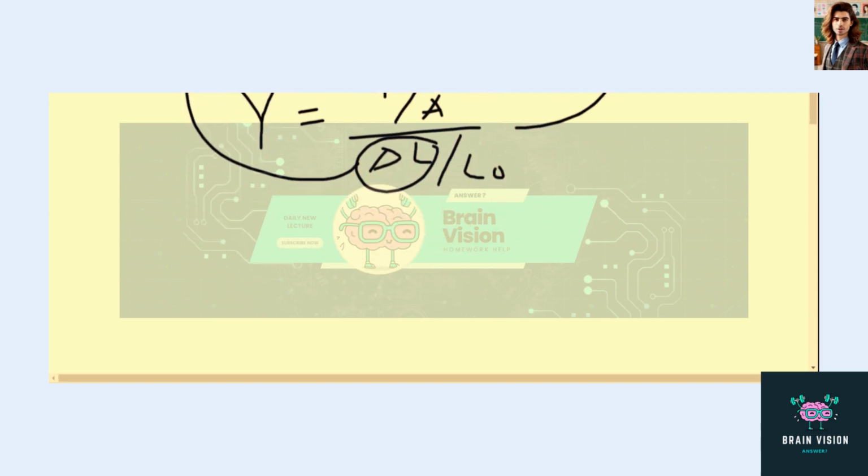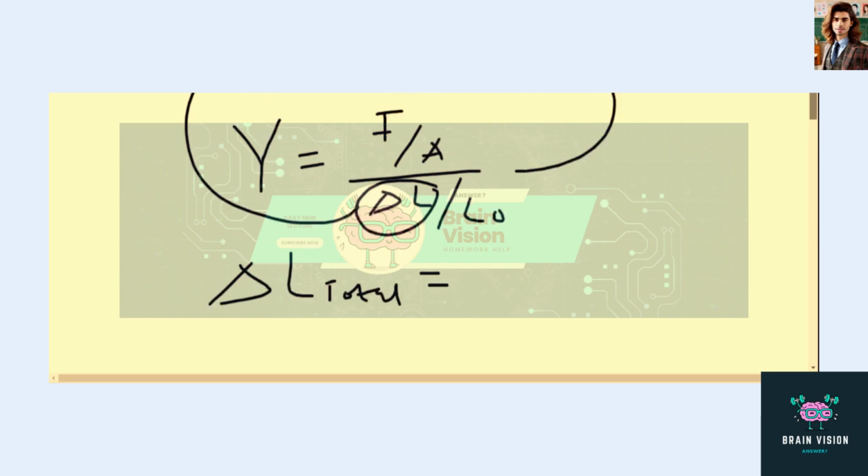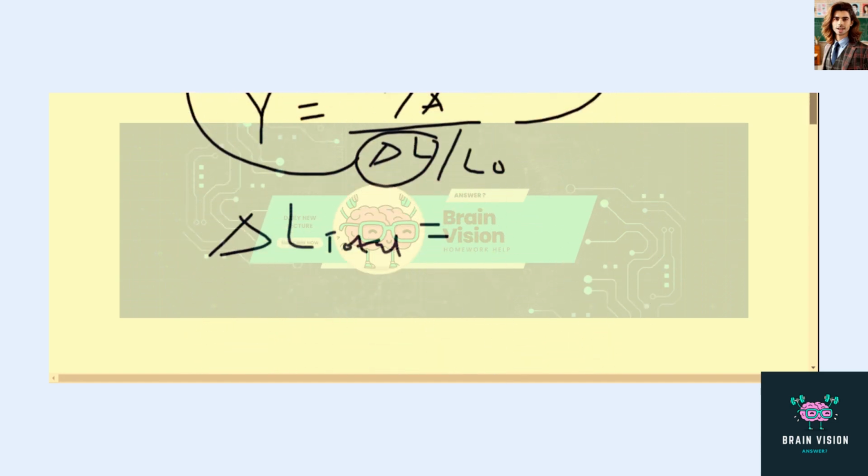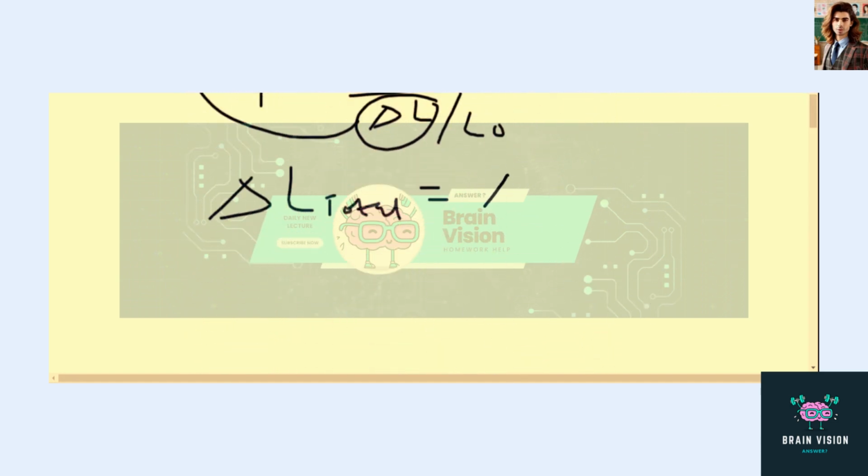Good. Now, once we have this, we can say that the total change in length is equal to the change in length of the rod due to temperature, and then the change in length due to tension.